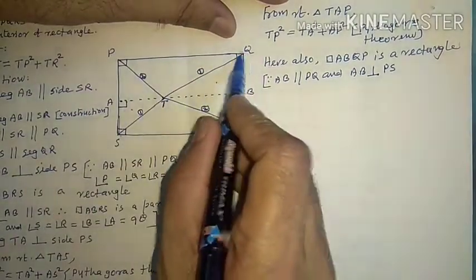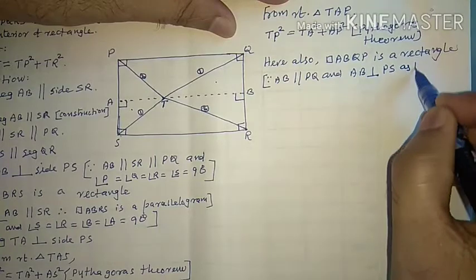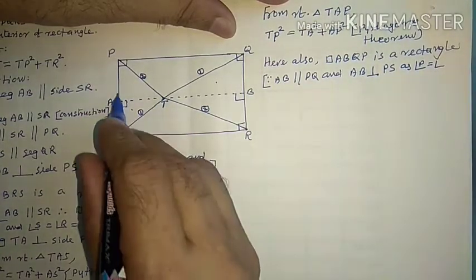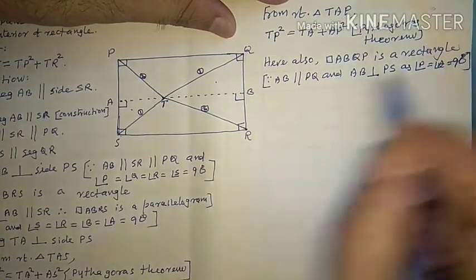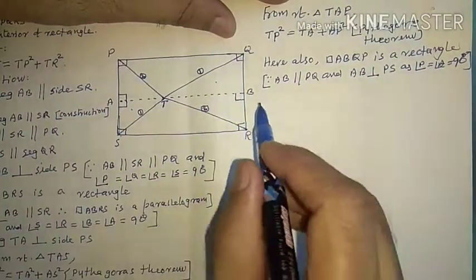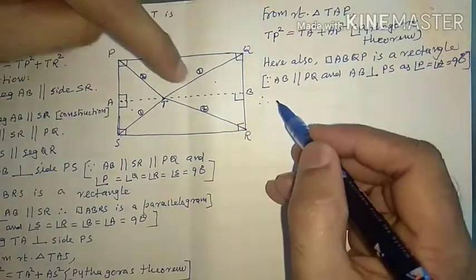AB is perpendicular because PQ is perpendicular, as angle P equals angle A equals 90 degrees. This angle is 90 degrees, therefore this angle also is 90 degrees, in that way. That is the first one we take now here.